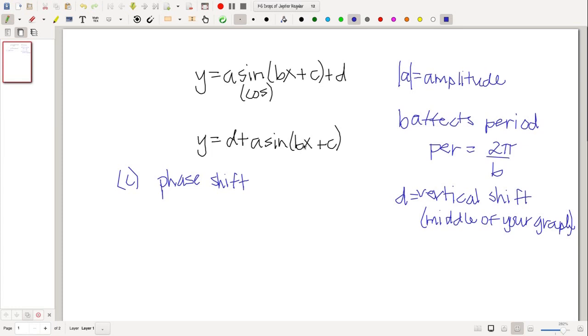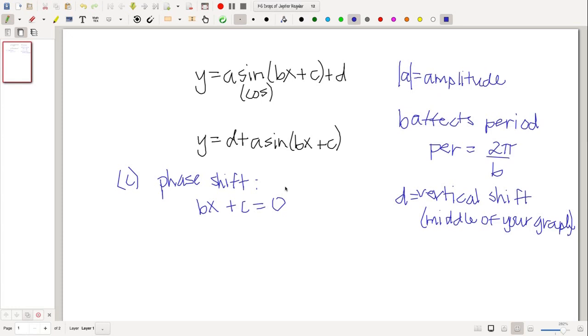So to find your phase shift, you are going to take whatever that inside is and set it equal to 0. You will always set it equal to 0. Once you solve for x, that will give you your phase shift. We'll be able to see in a little bit what I'm talking about, and we'll explain it in a little more detail.